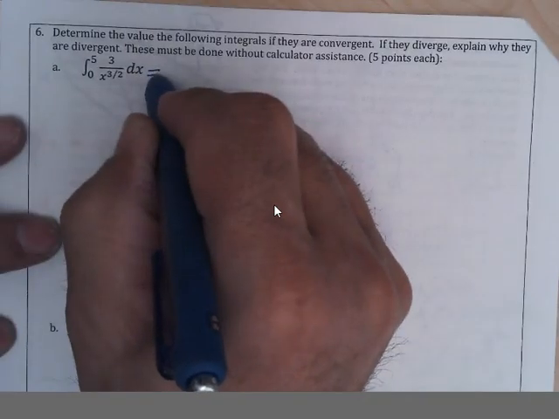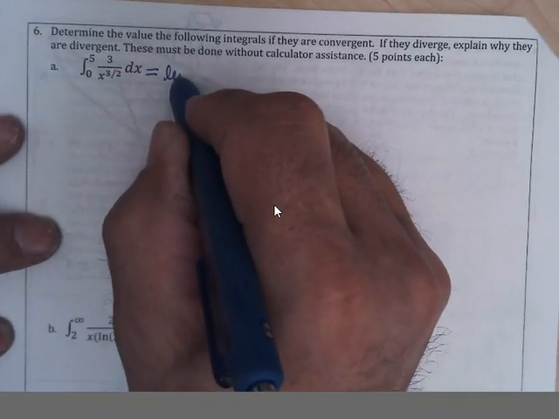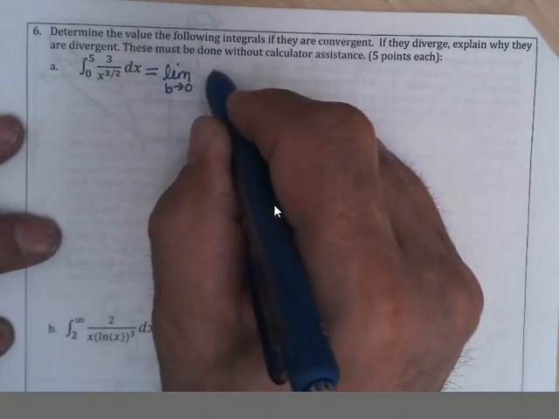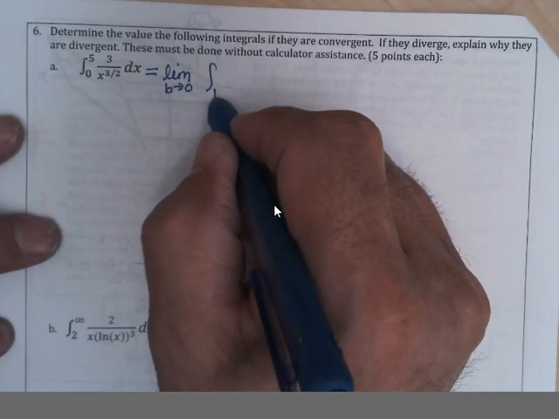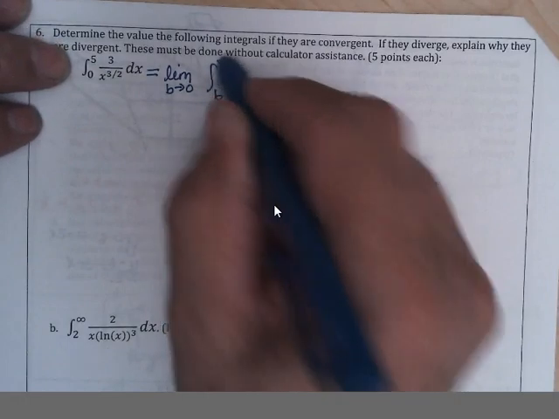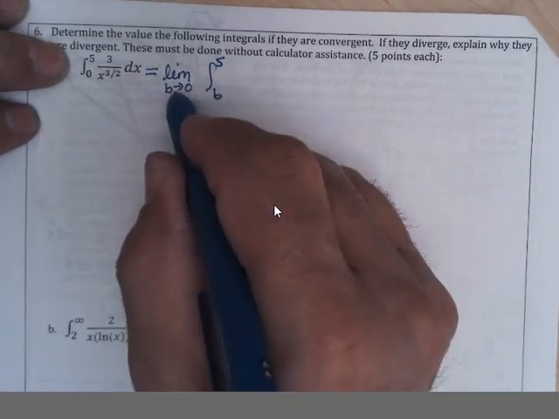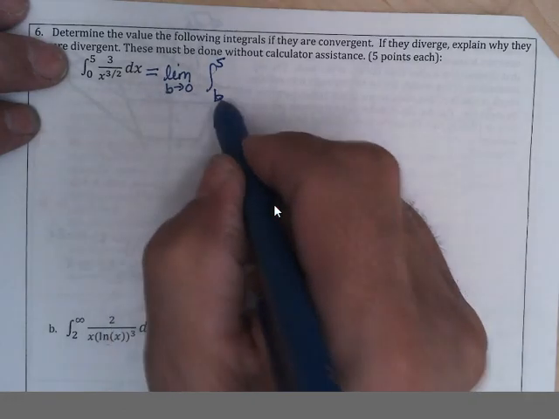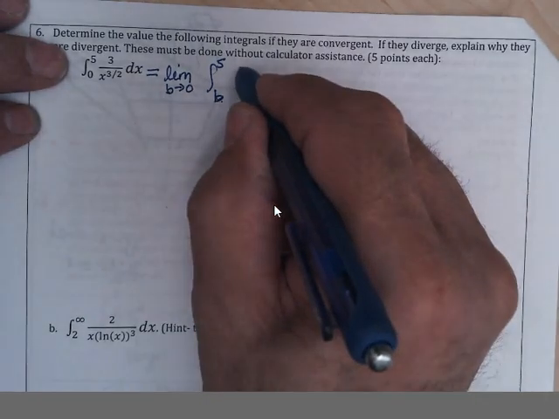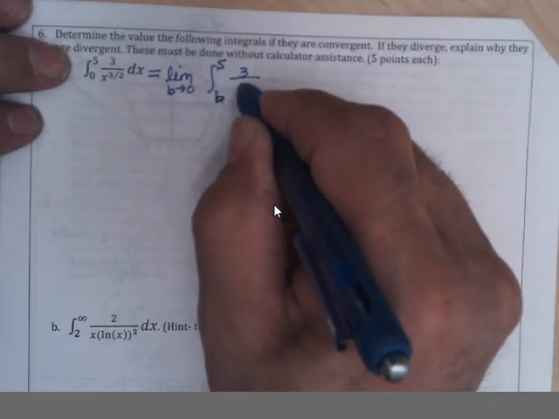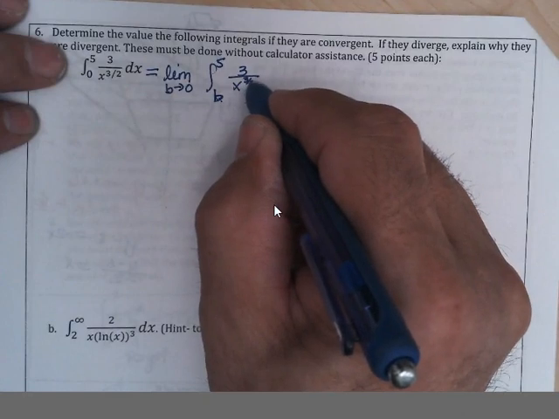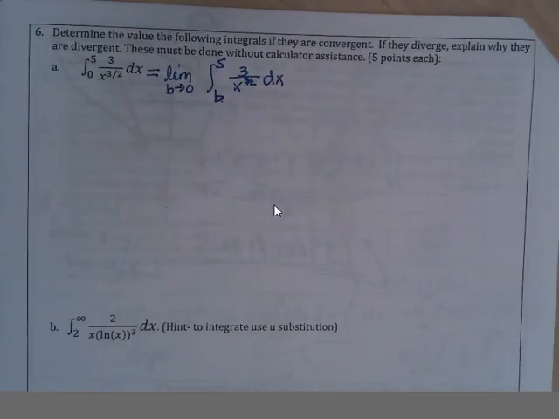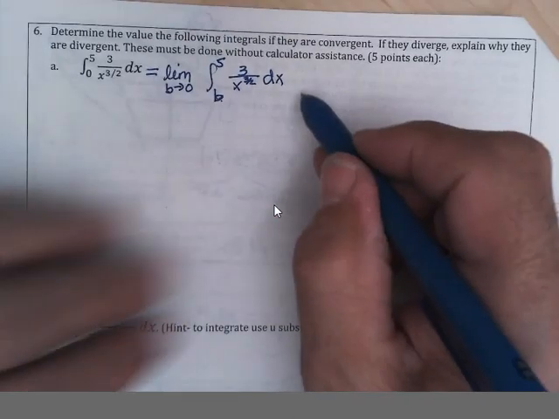So our problem is we have to deal with what happens when b goes to 0 of the integral from b to 5. 0 is the problem, so we have to set it up with a b here, of 3 over x to the 3 halves dx, to do this improper integral.